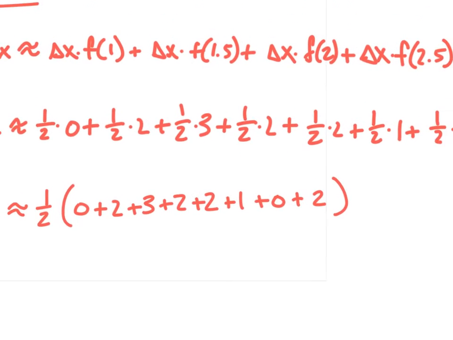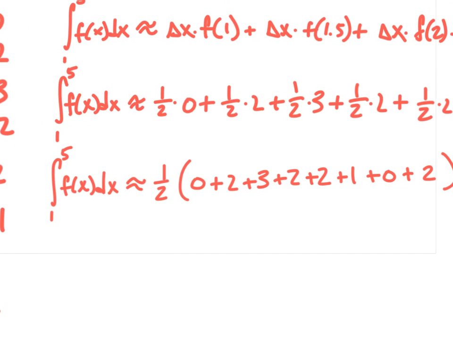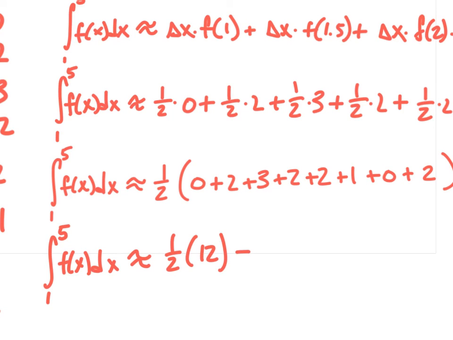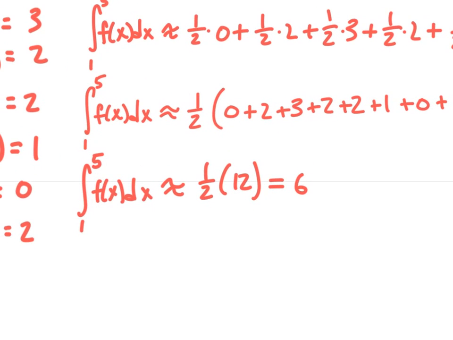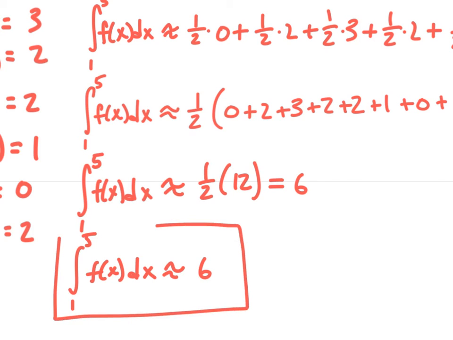If I add all these up, 2 plus 3 is 5, plus 4 is 9, so 10 and 12. So then we end up getting that this is equal to 6. So the approximate area under the curve from 1 to 5 of f of x dx is approximately 6.